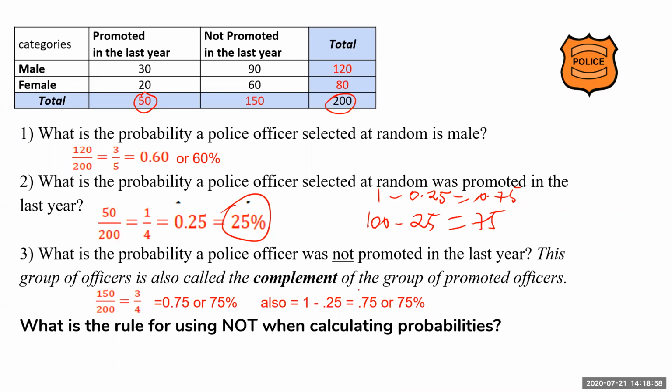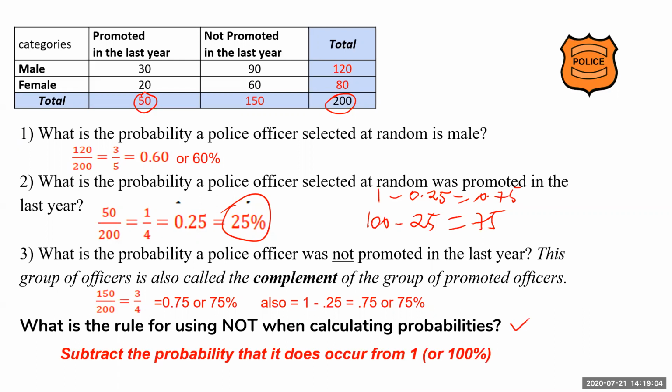What is the rule for using not when calculating probabilities? Subtract the probability that it does occur from what? 1. So we have dealt with 1 case. We now know how to use not in probabilities. Are we good? All right.